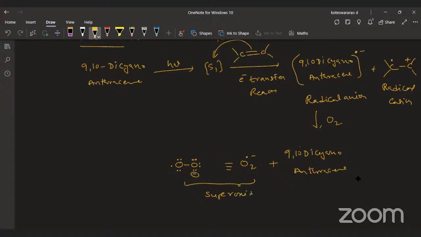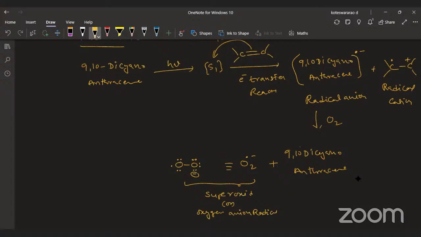superoxide, or you can also call it oxygen anion radical.